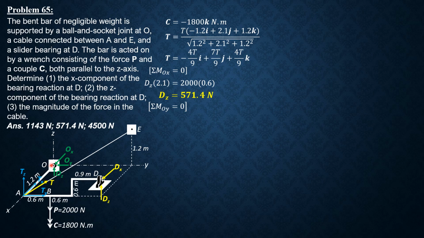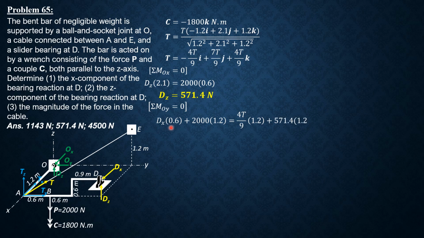This component of tension passes through y, so not involved. Parallel to y-axis, not involved. So Tz is negative, while 2000 is positive. So dx times 0.6 plus 2000 times 1.2 equals Tz, where Tz is 40 over 9 times 1.2 equals 0. So the couple is not involved because it is negative 1800 K or along Z only.